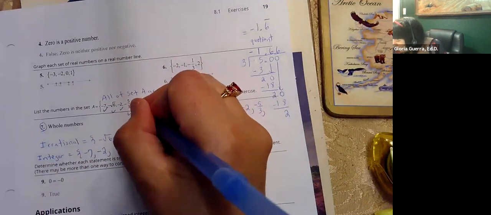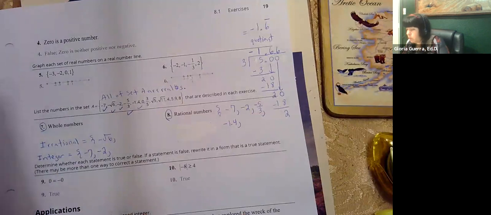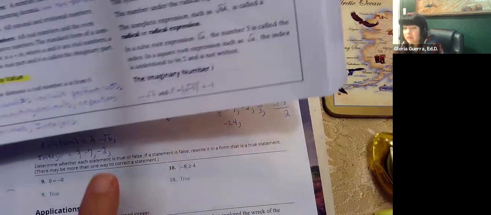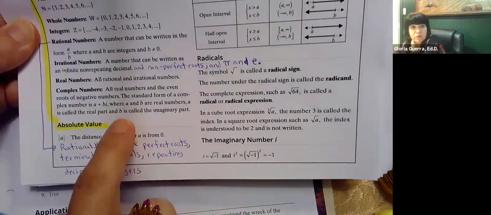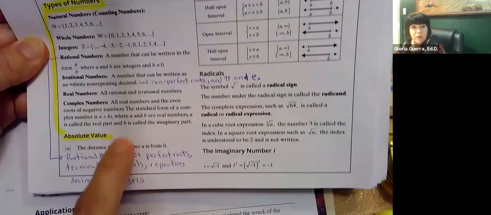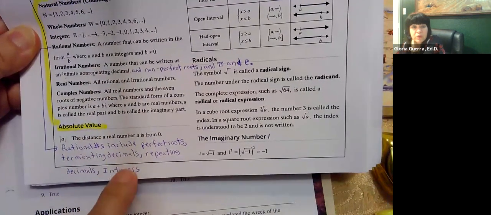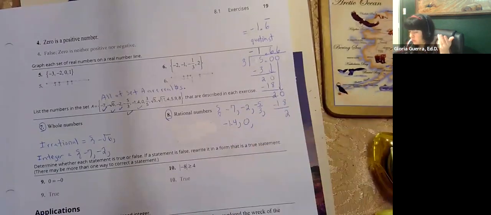Okay, after negative 1.4, you have 0. So 0 is considered a rational number because 0 is an integer. If you look over here under integers, see, 0 is in there. So rational numbers include integers, and so it is a rational number, and it's also an integer.